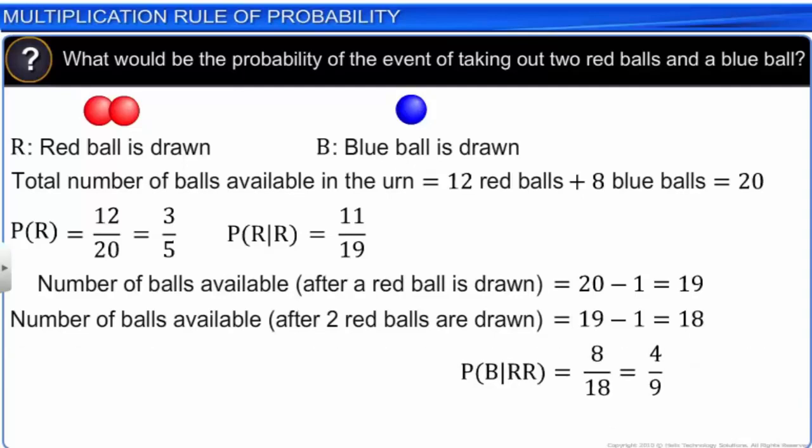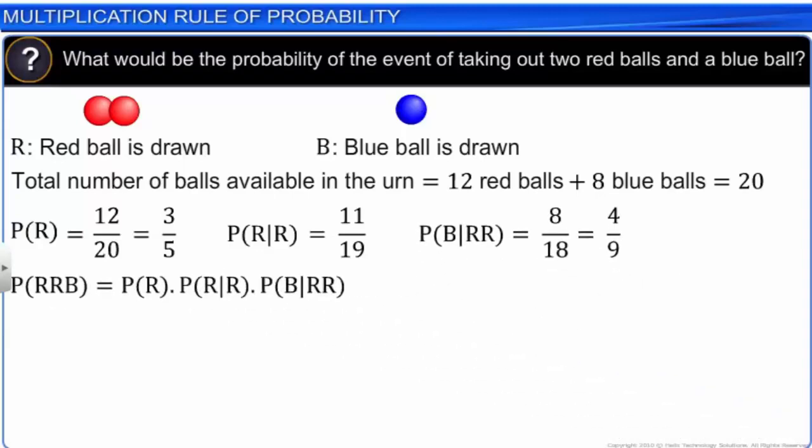From the multiplication rule for 3 events, we have the probability of RRB is equal to the probability of R into the probability of R given R into the probability of B given RR. Substituting the values of the probability of R, probability of R given R, and the probability of B given RR, we get the expression as shown.